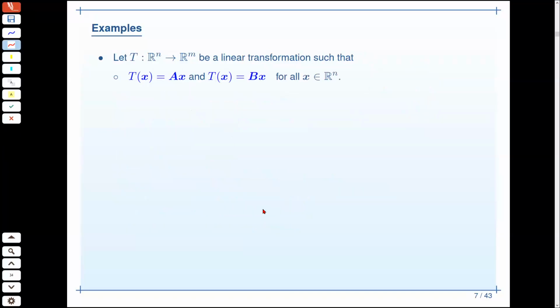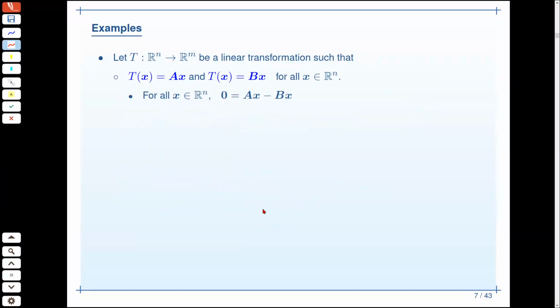Suppose we have a linear transformation so that Tx equals Ax and Tx equals Bx. What I want to see is that A and B are actually the same thing. One way is to say they are the same, so the difference is zero. So in other words, no matter which x we have, zero is always Ax minus Bx.